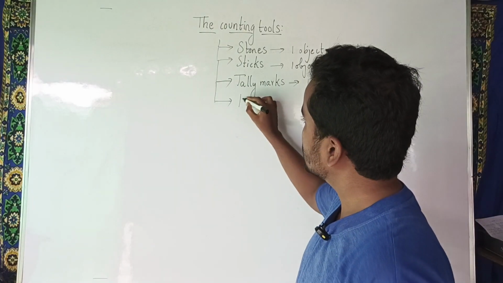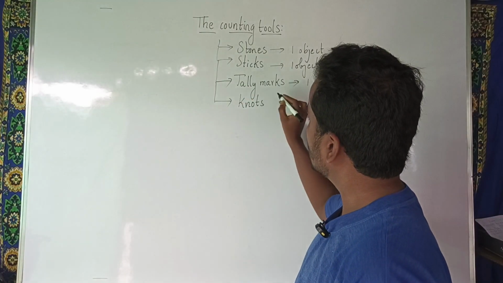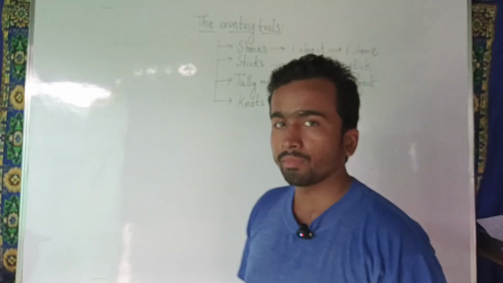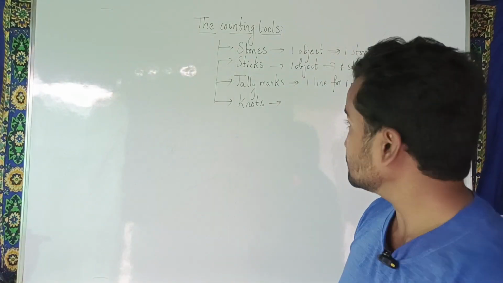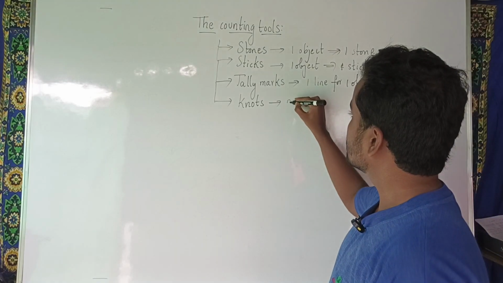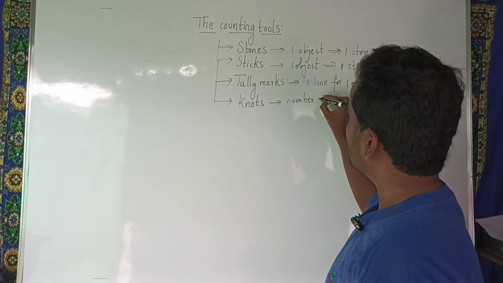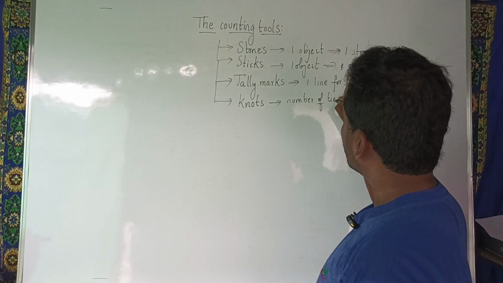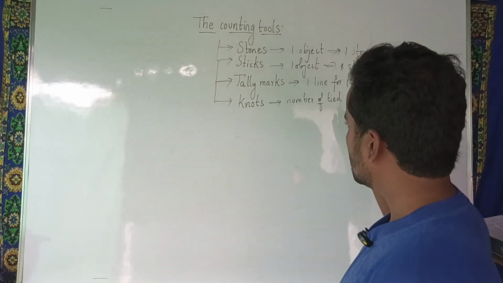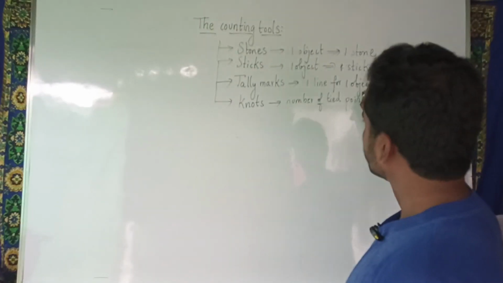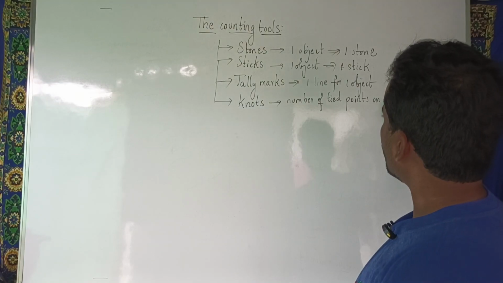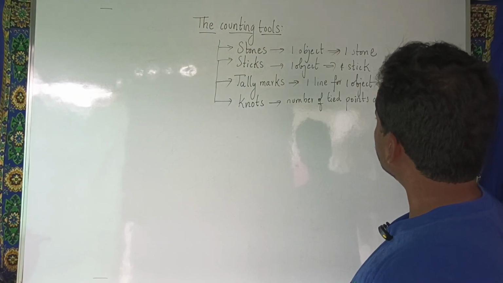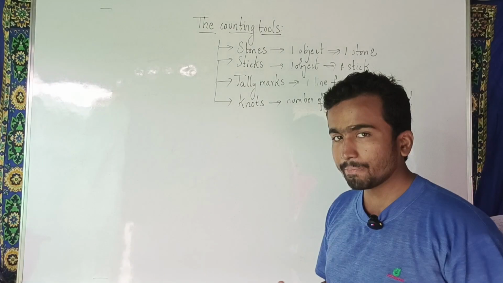Another aspect is knots. What do knots mean? The number of tied points on a thread. Let me explain with an example.